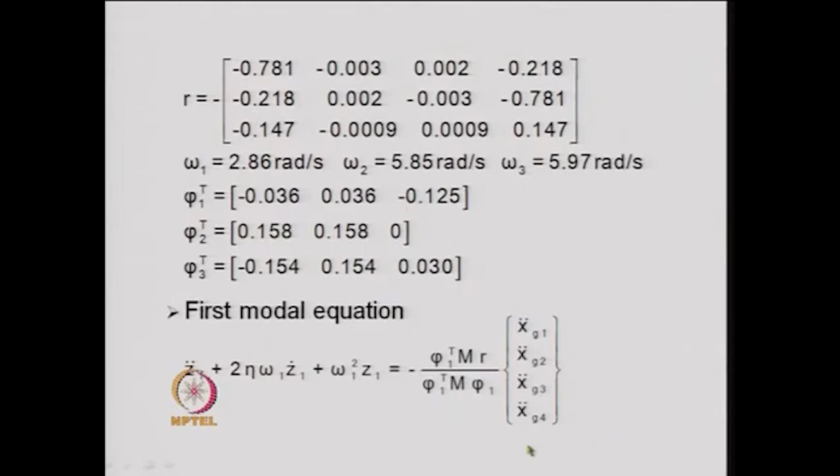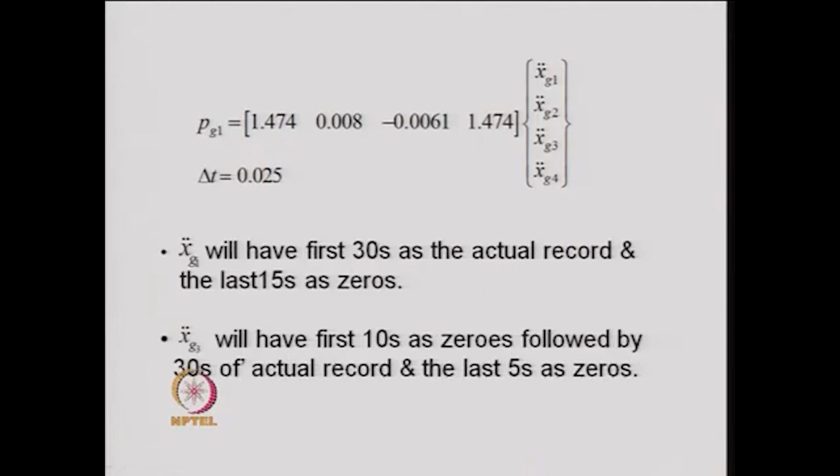So, using these 3 mode shapes we write down the 3 modal equations, and for these modal equations, this is phi 1 transpose m, and this will be equal to R multiplied by G, that would give the rho G 1.